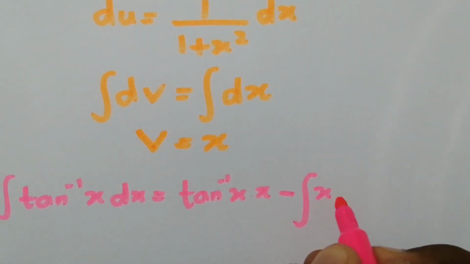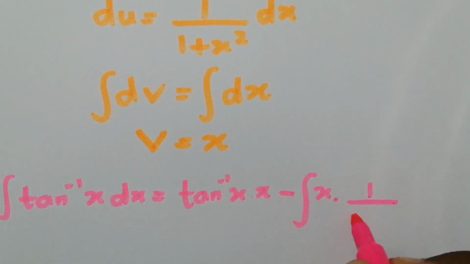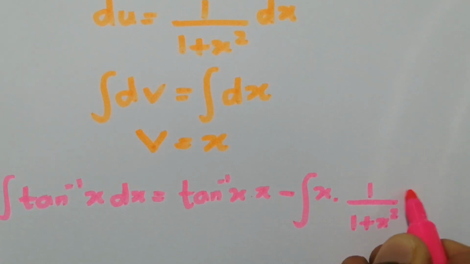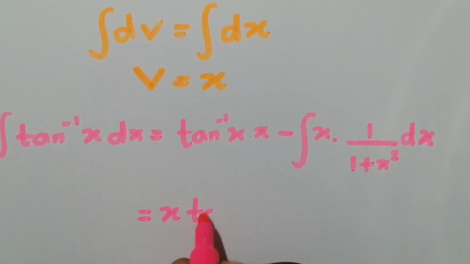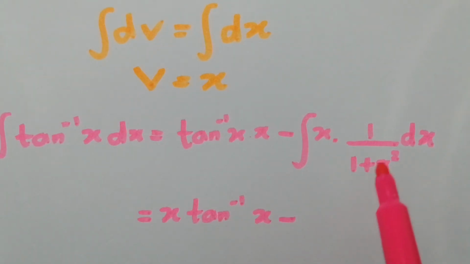V is x times du is 1 upon 1 plus x squared dx. Here then it's equal to x tan inverse x minus, here at the denominator we are having 1 plus x squared.